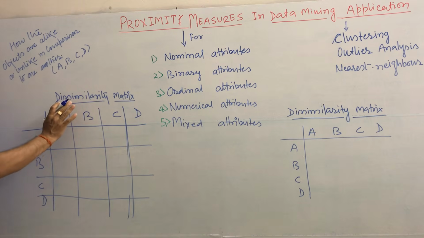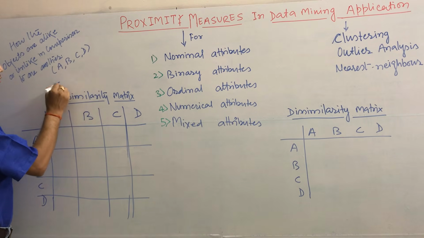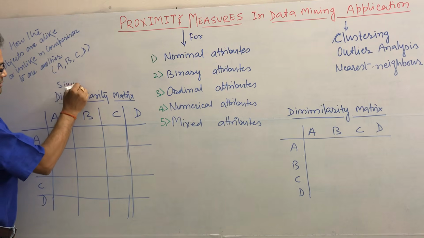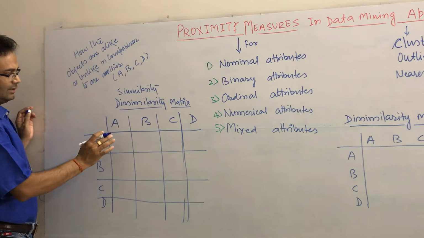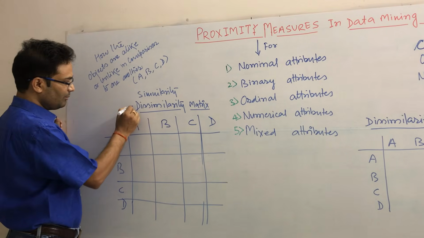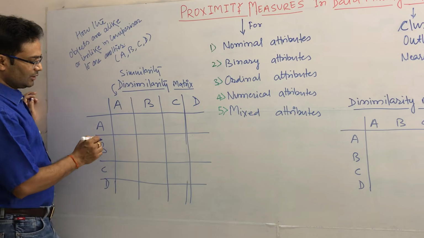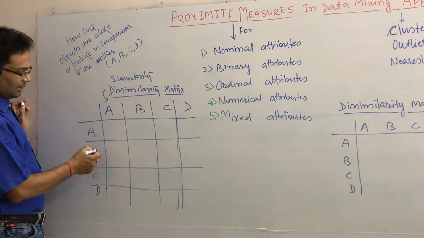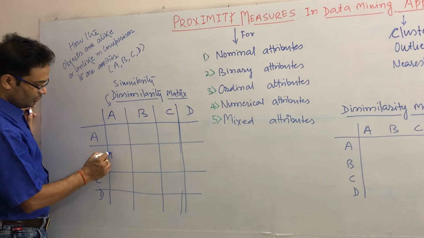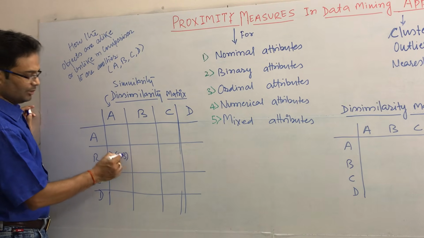This matrix could be a dissimilarity matrix or a similarity matrix, depending on what we are going to make. Suppose we are making the dissimilarity matrix. We have to find the dissimilarity between A and B, which we denote d(A,B).